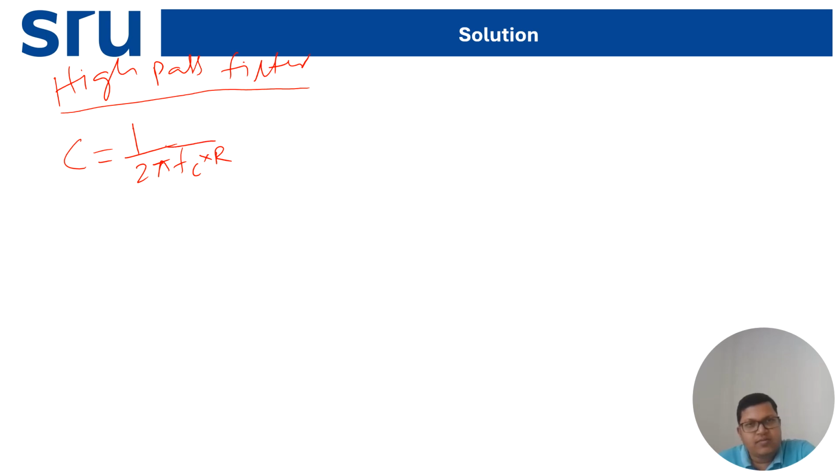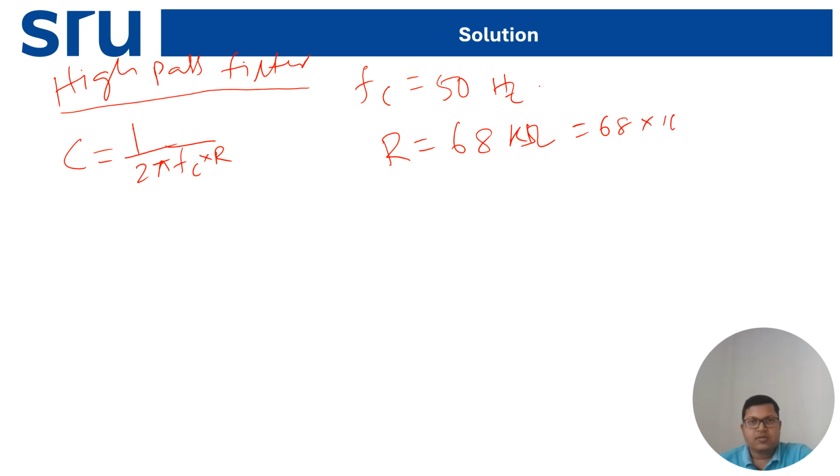And what are the given things? FC is given, which is the cutoff frequency, and it is given as 50 Hz. And the R value is 68 kilo ohm, that means 68 into 10 to the power 3 ohm.